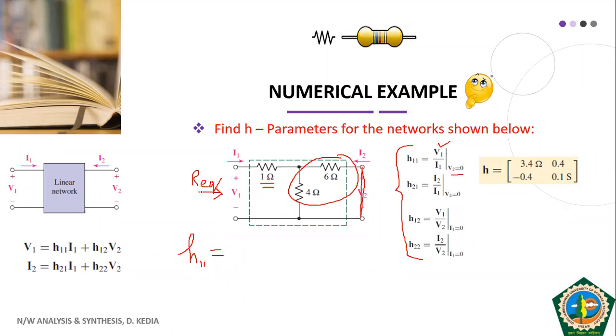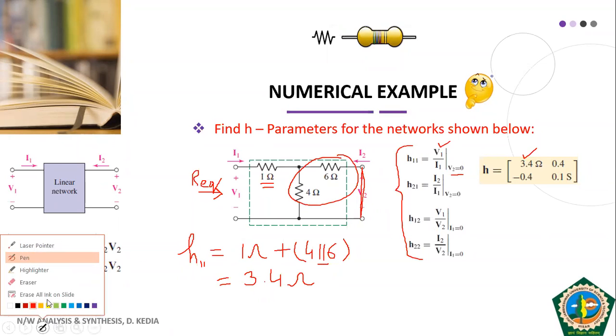So H11 will come out to be 1 ohm in series with the parallel combination of 4 ohm and 6 ohm. If you solve this, 6 parallel with 4 gives you 2.4, plus 1, that is 3.4 ohms. So this is the straightforward value of H11, which I have also shown in the form of a matrix here.